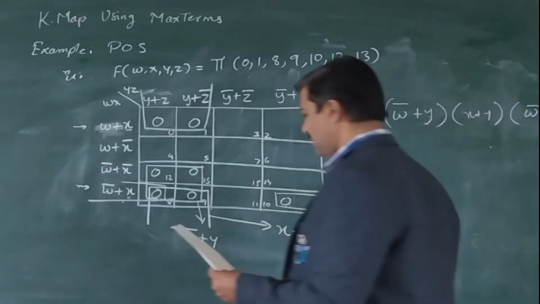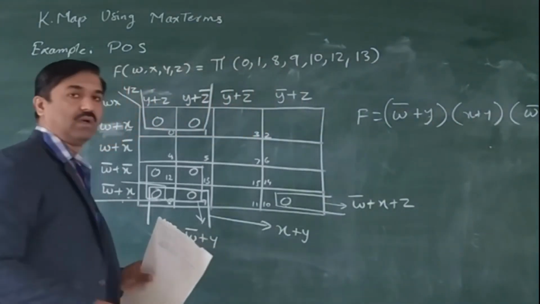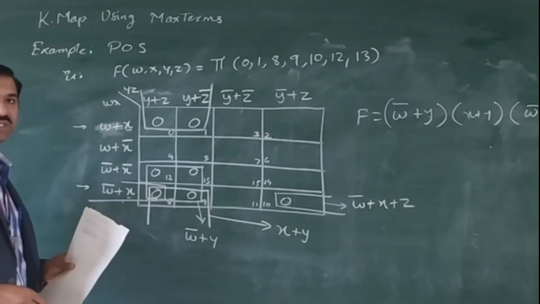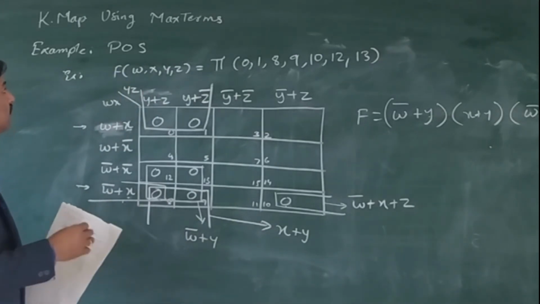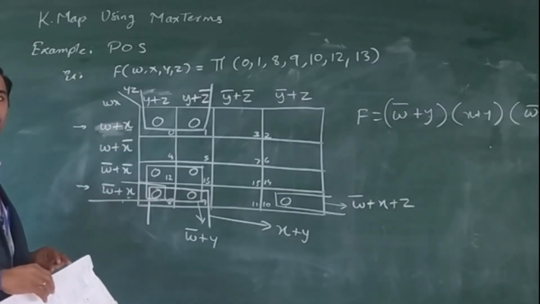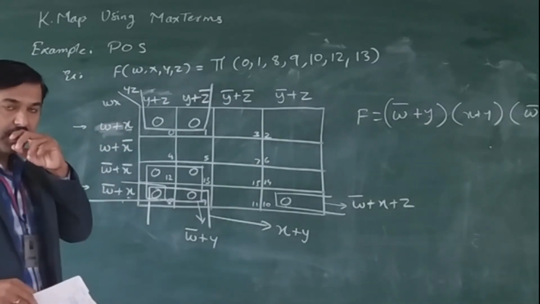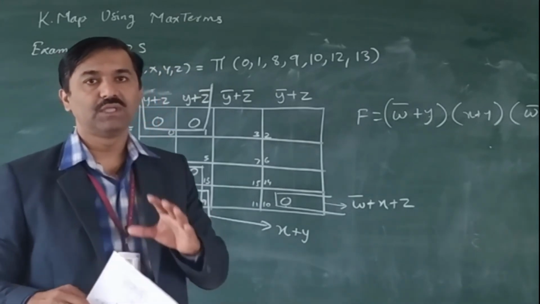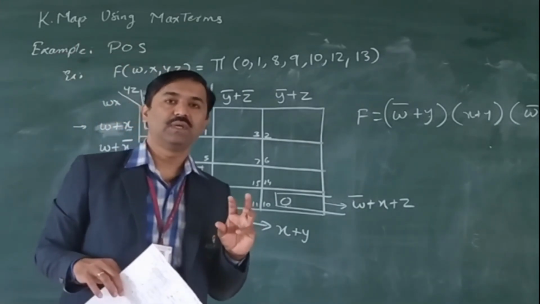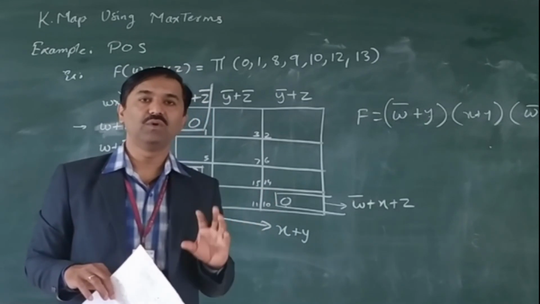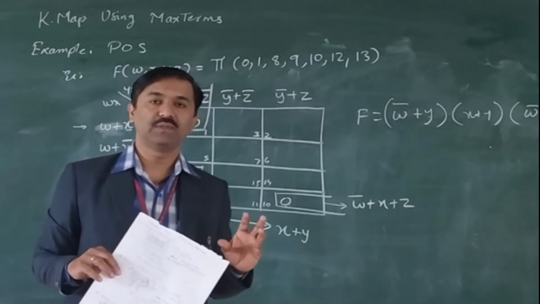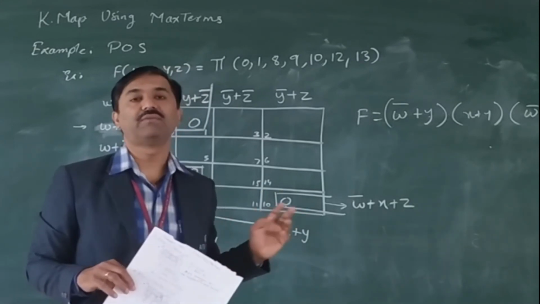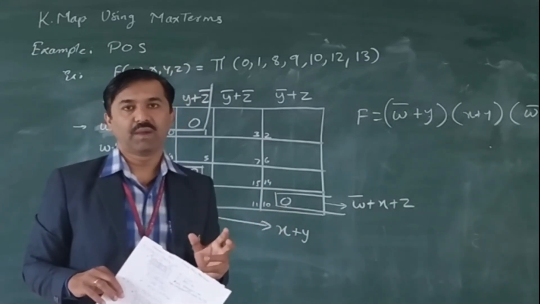Okay. So this is how we can solve the given product of sum expression using your K-map. Okay. So hope you people have understood the conversion of product of sum expression using a K-map, how we simplify the product of sum expression in an effective way using a graphical method called K-map.